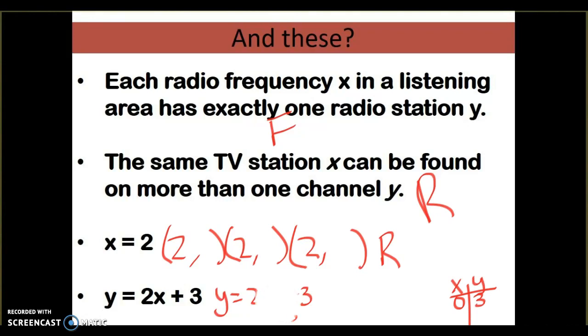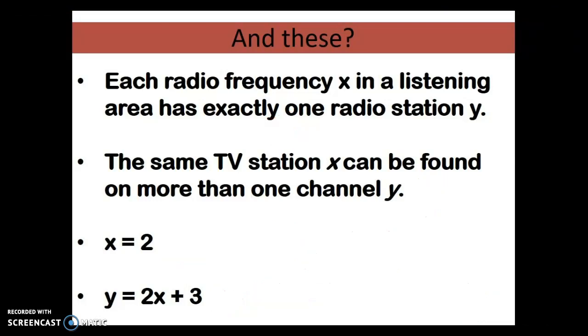If I were to change this and make this an input of 1, I get 2 times 1, which is 2, plus 3, and I get 5. So an input of 1, and I end up with 5. Am I getting a different one every time? I'm not getting a different answer every time. When I put in an input for this, I'm getting one output. So this is considered to be a function. If I were to draw this on a graph, it would actually be a line.